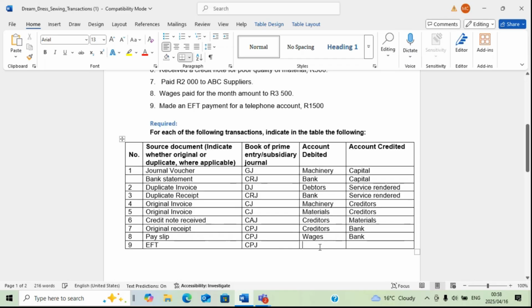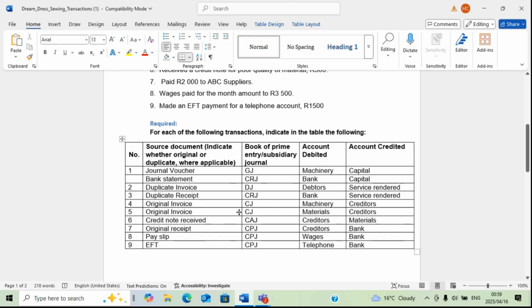The account to be debited is going to be the expenditure. Like we did with wages, we're going to debit our telephone because telephone is an expense, and when expenses are incurred in the business, we must debit them. And then we credit your bank, which is the payment you've made, right?